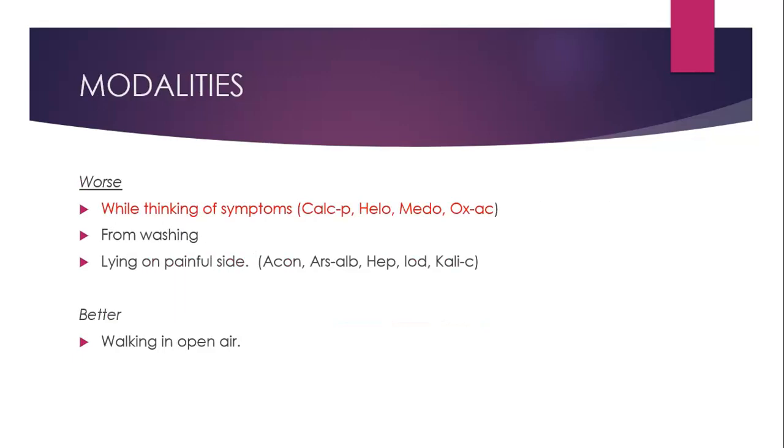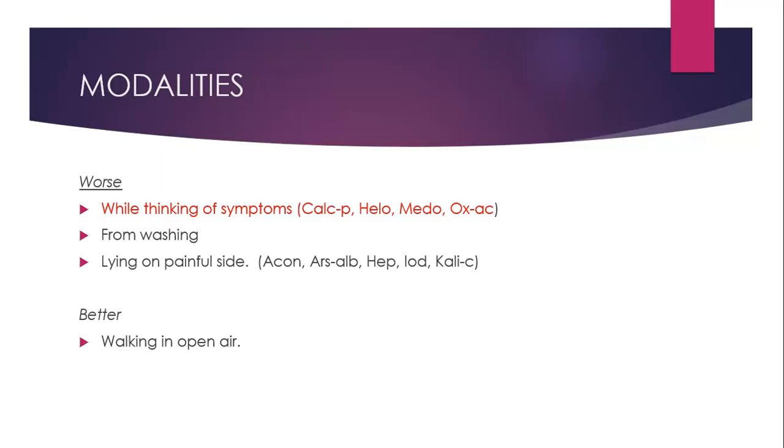Alright. In modalities you have a very important symptom, that is aggravation during thinking of symptoms. So if the complaint is again being thought of by the patient, it is said that the complaint is aggravated. So we have a list of remedies like Calcarea phosphorica, Gelsemium, Helonias, Oxalic acid.